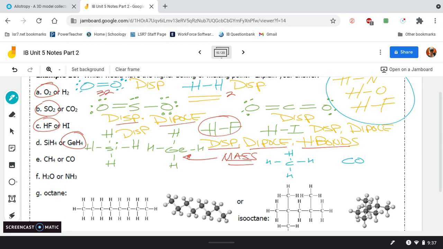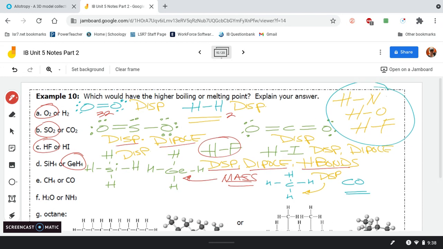So see, this one is polar, and this one is nonpolar. And that is a huge difference because this one is going to have only dispersion right here. Because again, this is not a hydrogen bond. That is H attached to C. So it doesn't meet the criteria for the H bond.